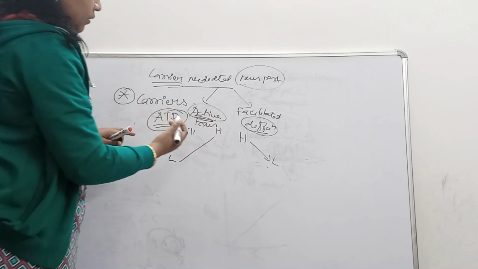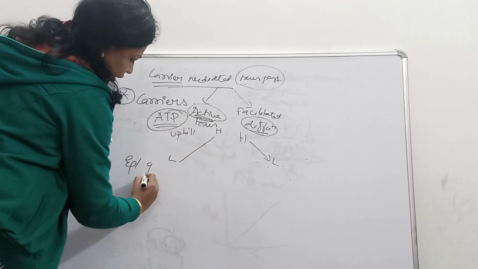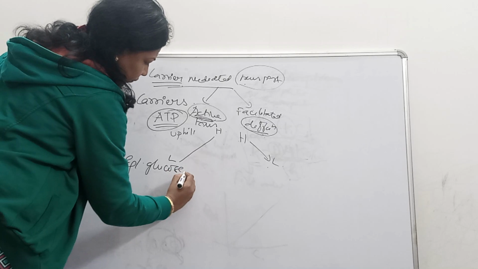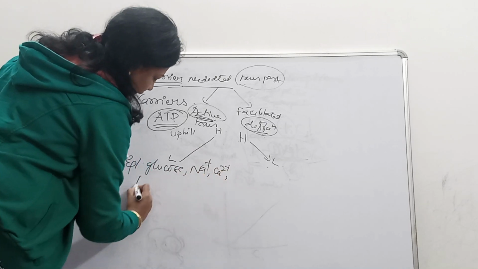So which types of drugs are actively transported? Examples are glucose, sodium, calcium, iron.